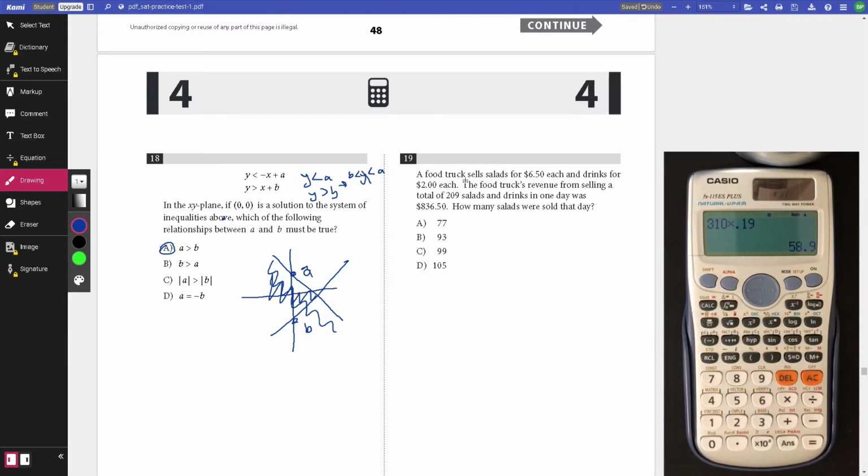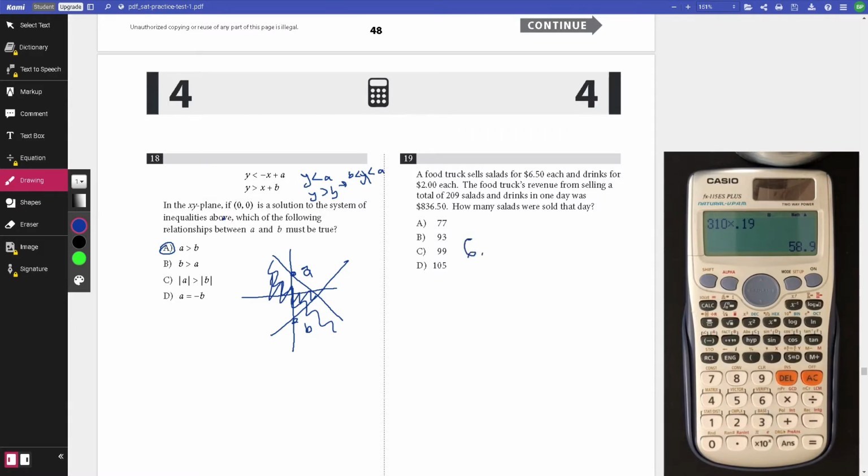A food truck sells salads for $6.5 each and drinks for $2 each. The truck's revenue from selling a total of 209 salads and drinks in one day was $836.5. How many salads were sold that day? So this is, I think, a system of equations. Yes.